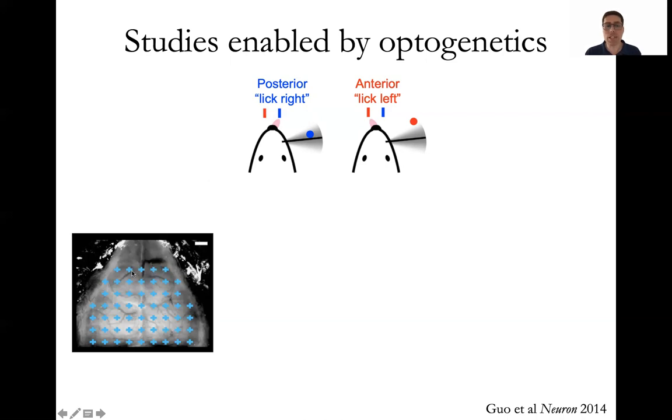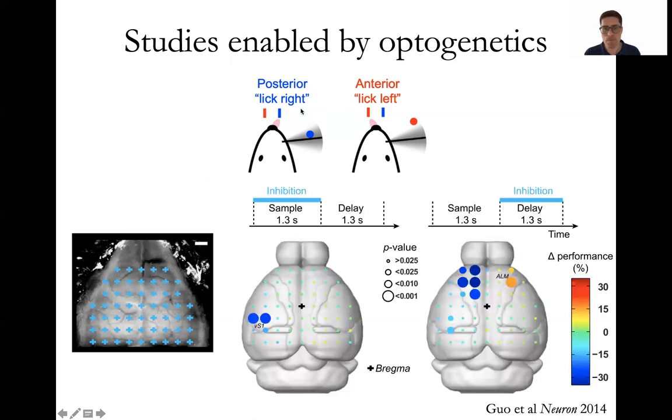And they directed light to all of these different locations at different times when the animal was performing this behavioral task. In this task, the animal was able to sample the location of the object in its whisker field for 1.3 seconds. And then it had a delay period of 1.3 seconds before it had to report its response by licking at a spout.